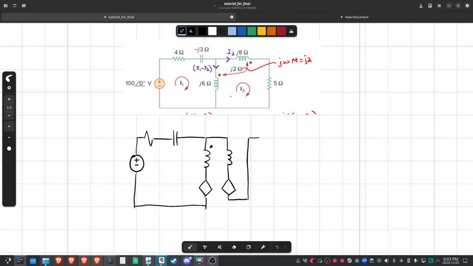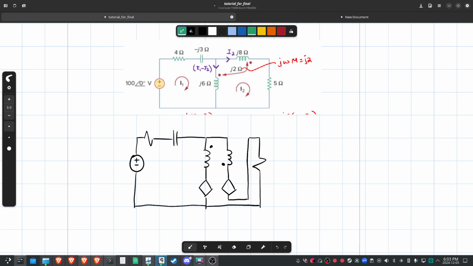And now you can determine the dots. Bending it down here, the dot is going to be on the bottom end. And then you just bring the output of that back into the rest of the circuit. So now we've bent the circuit so that we can clearly see that these two dots are opposing.